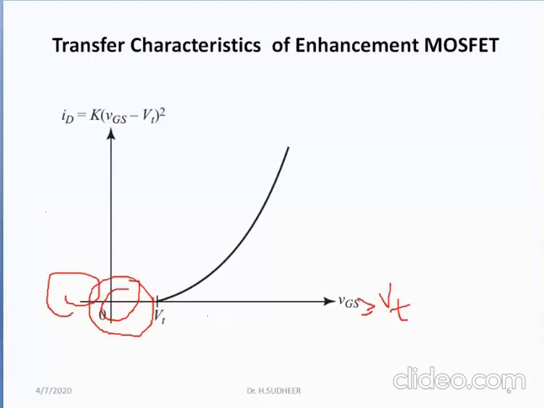As VGS increases beyond VT, ID increases proportionally. Therefore, we can say ID is equal to K into (VGS minus VT) whole square. When VGS is less than VT, no channel is established and ID is equal to 0. When VGS is greater than VT, if we keep on increasing VDS in the positive direction, ID increases in proportion to the square of (VGS minus VT).